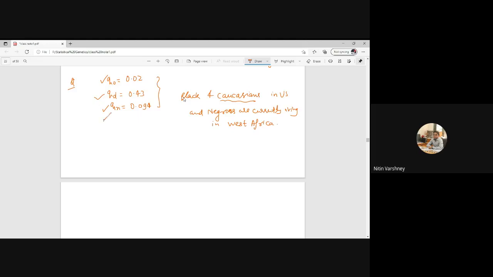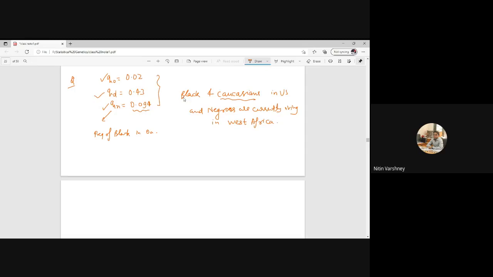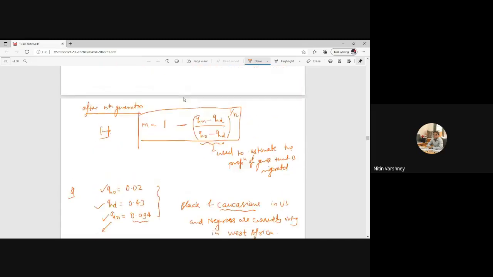It is given that the frequency of black people after migrations, after nth generation, is 0.094. Now, if I want to calculate which proportion of genes has been transferred, I told you this ratio is useful.